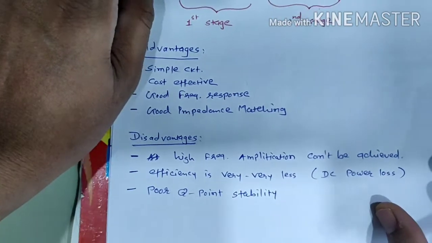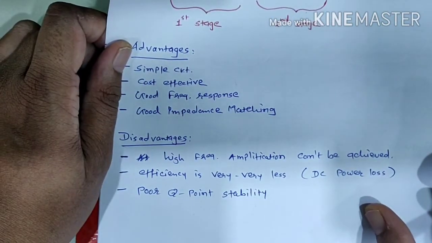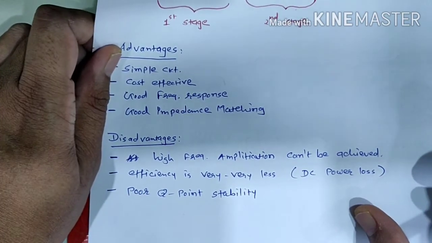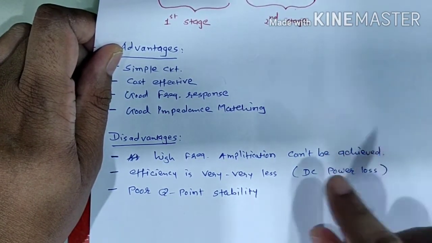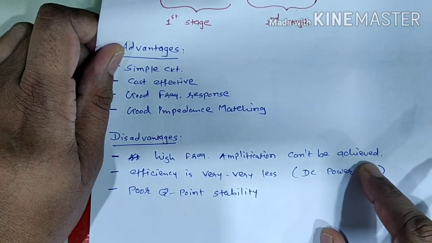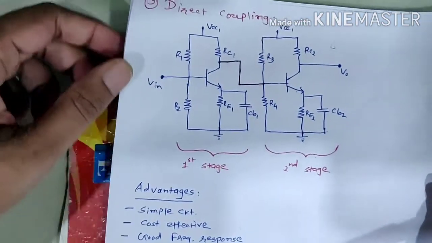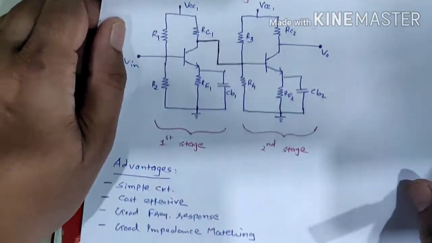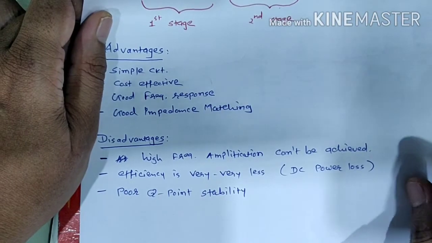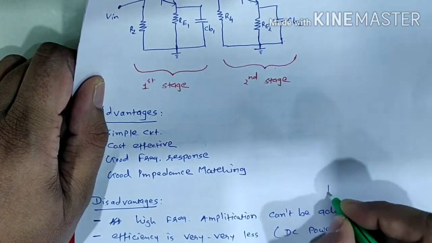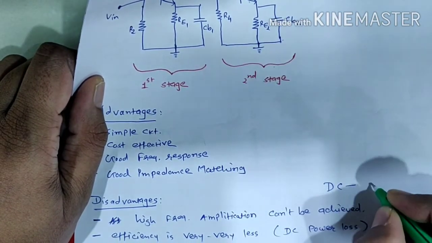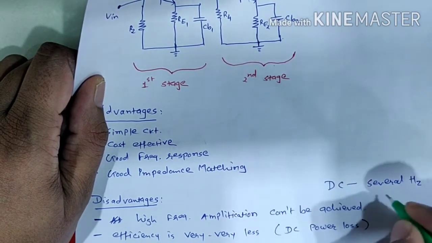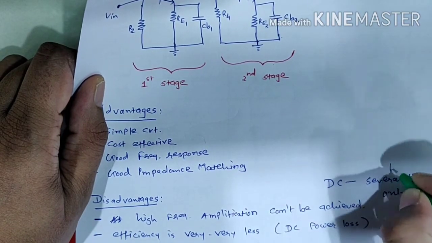Now, disadvantages. The disadvantage of this direct coupling technique is that amplification at high frequency can't be achieved. Okay, it will not provide a good response at higher frequency, even though this particular technique is used to amplify DC to several hertz only, say 10 hertz.